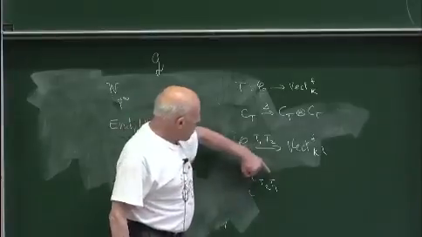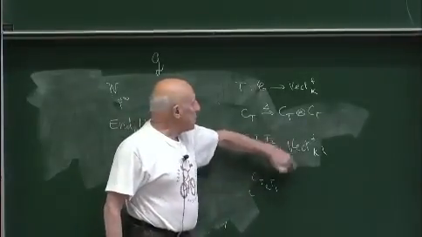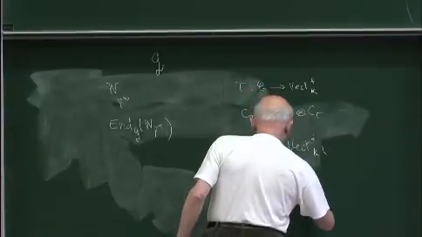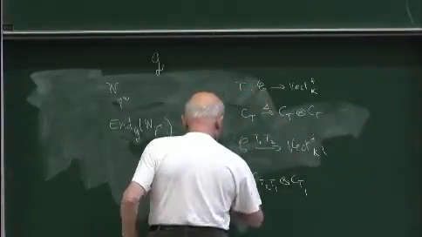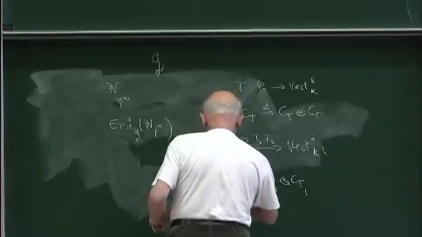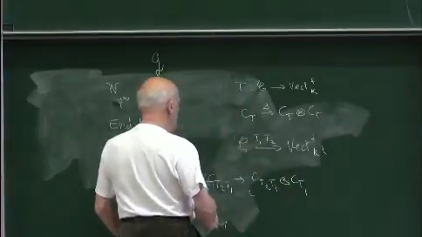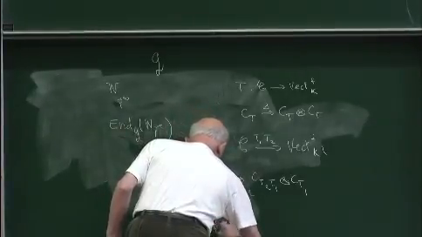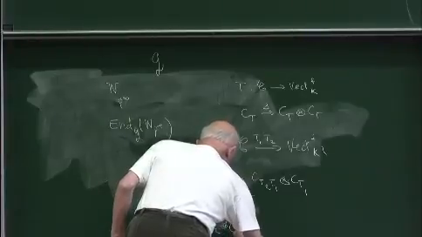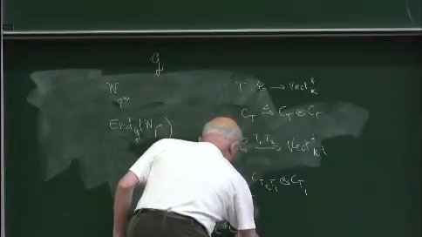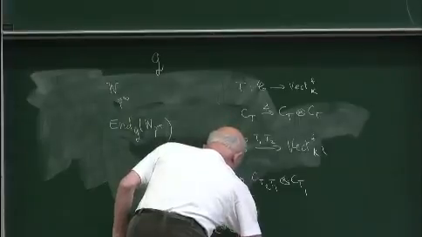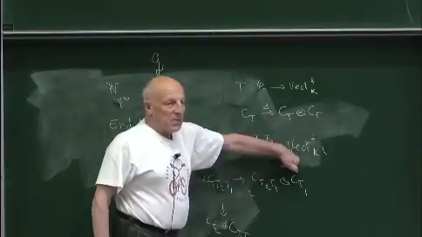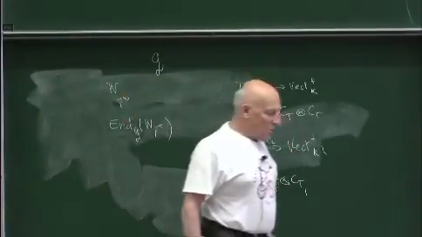It's a comodule to the right with respect to C_{T1}. That means there is a coproduct which takes C_{T2,T1} into this. And there is similarly, on the left, a coproduct into C_{T2} tensor C_{T2,T1}. That means it's a right comodule with respect to this coalgebra and a left comodule, a bi-comodule.